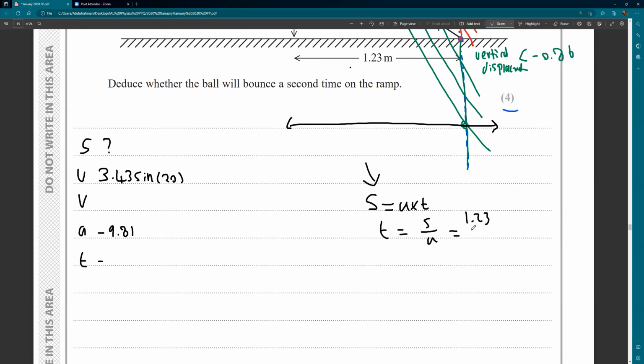Displacement is 1.23, and initial velocity will be 3.43 cosine 20. Let me quickly put that on my calculator. I get 0.38 seconds, okay?